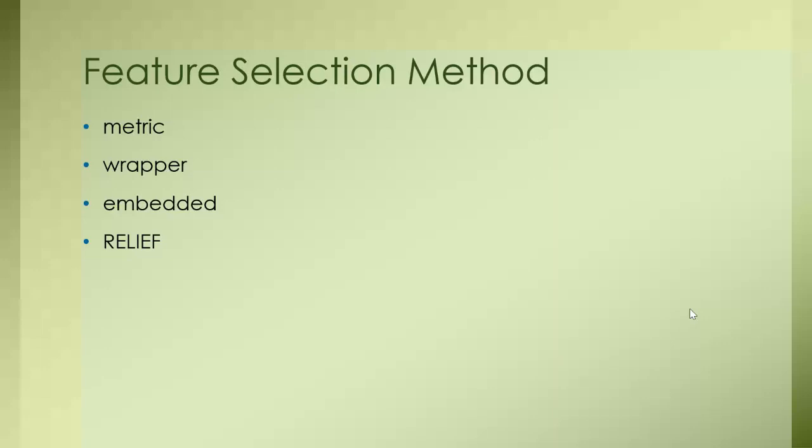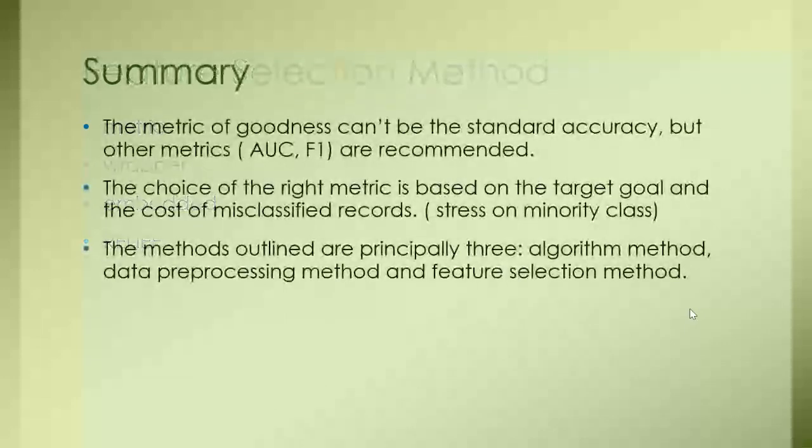So now, in summary, we have mainly discussed the ways we can solve the class imbalance problem. The first one is resampling, the second one is the algorithmic methods, and the last one is the feature selection methods. One of the most important things that we have to take care of is that we should know what metrics we are going on.